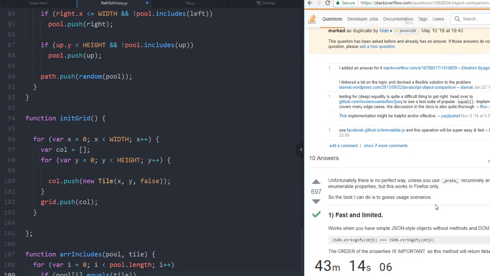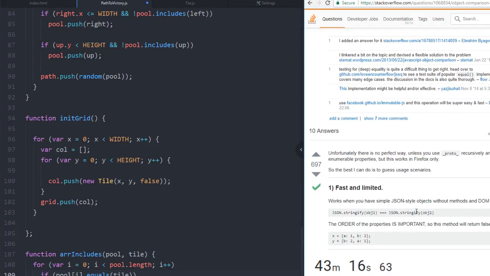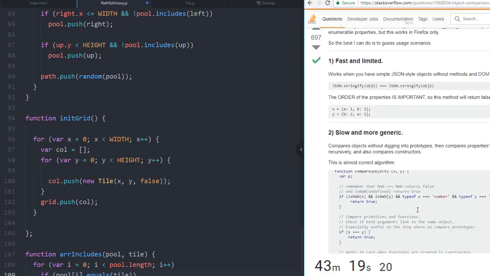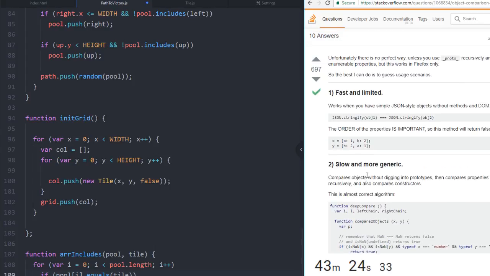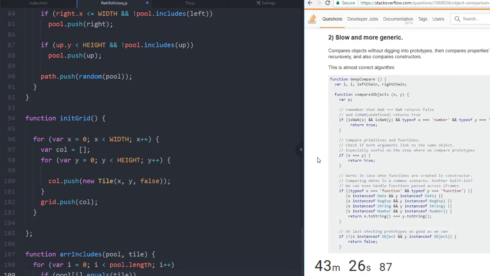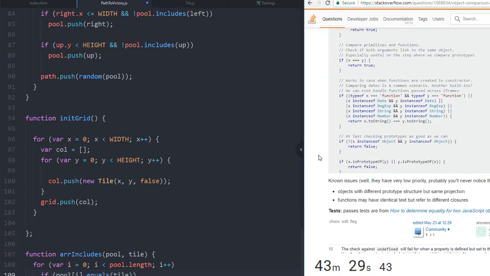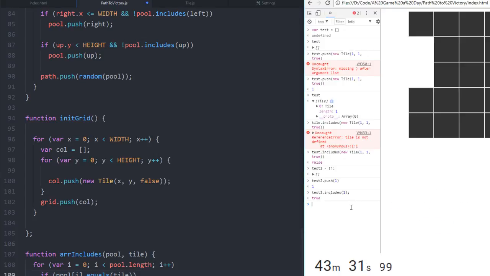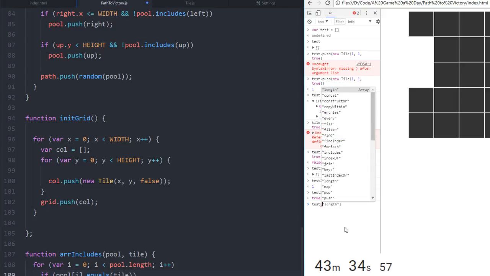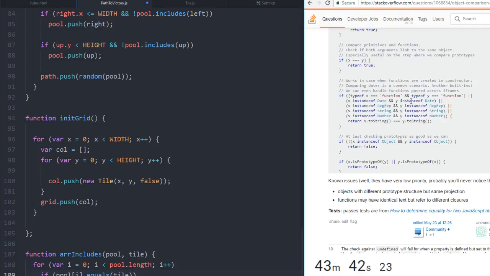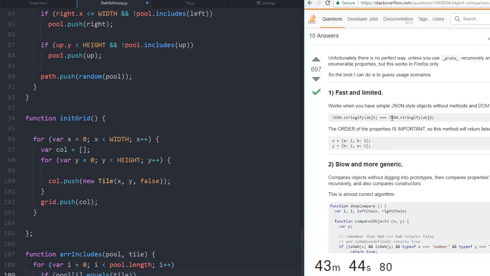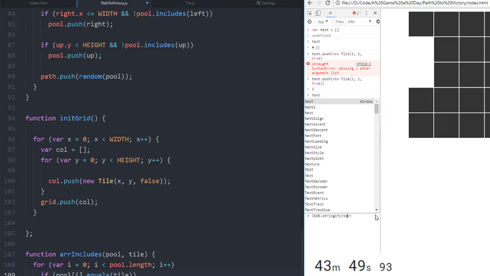Fast and limited, slow and generic. Can I just, is this my code? Do I have to compare, stringify? Okay, here. JSON.stringify test 0.